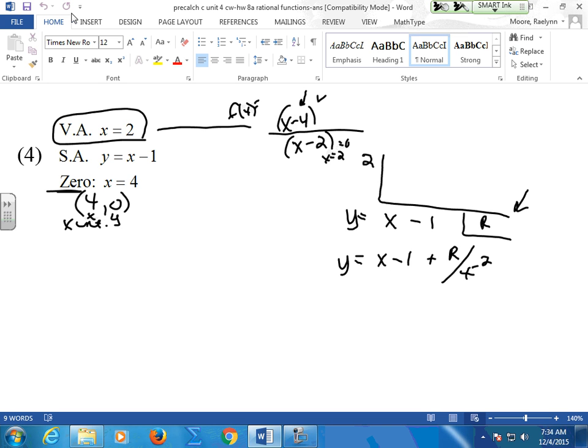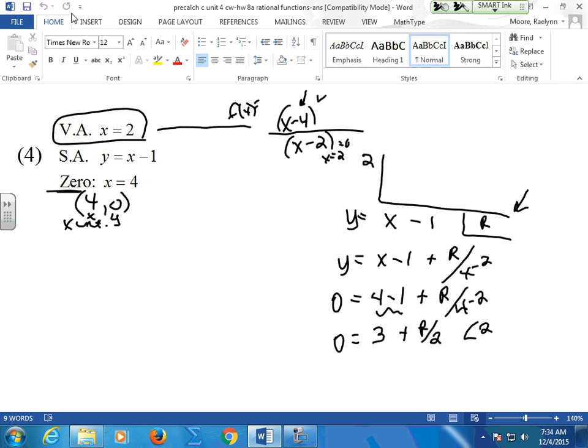So we're going to plug this in. We need to find the remainder. It takes a little bit of time, but just bear with me. Follow along with me. Every time you see an x, plug in a 4. This, you do first. How do I get rid of a remainder?